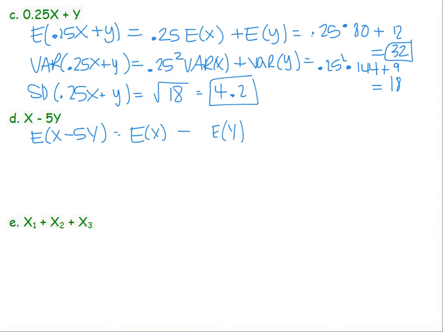If the x isn't there and it's just 5y, then it will be 5 times the expected value of y. We're just separating. It's kind of like we distribute the E. The expected value of x is 80 minus 5 times the expected value of y, which is 12. 80 minus 5 times 12 comes out to be 20.